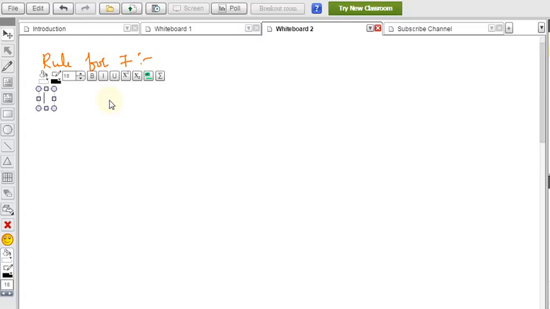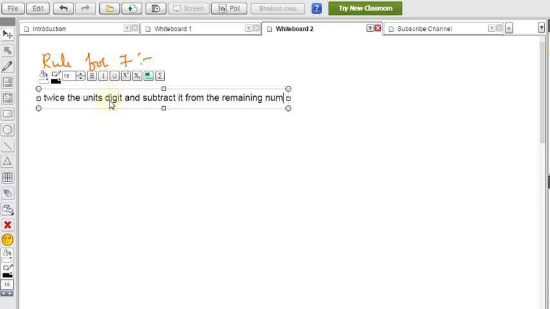Twice the units digit, so directly I'm writing the condition here: twice the units digit and subtract it from the remaining. This we have to continue. This is one method I'll explain here.